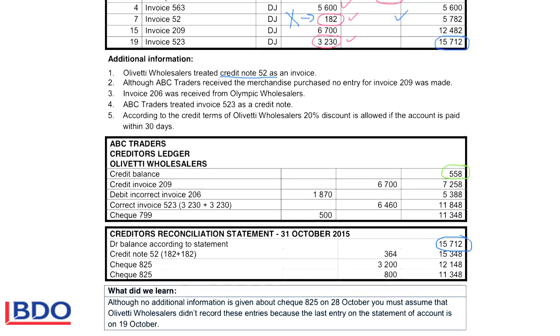So if we go to the creditors reconciliation statement, we will see that this amount is put on the credit side twice. Why is it recorded twice on the credit side?